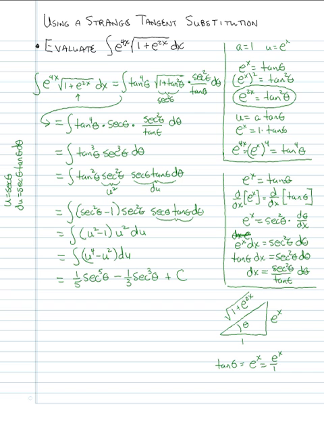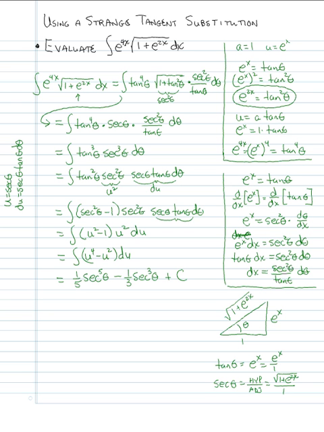Now, we need to replace secant. So secant of theta, being the reciprocal of cosine, would be hypotenuse divided by adjacent. And in this case, the hypotenuse is the square root of 1 plus e to the 2x, and of course, the adjacent side is just 1.